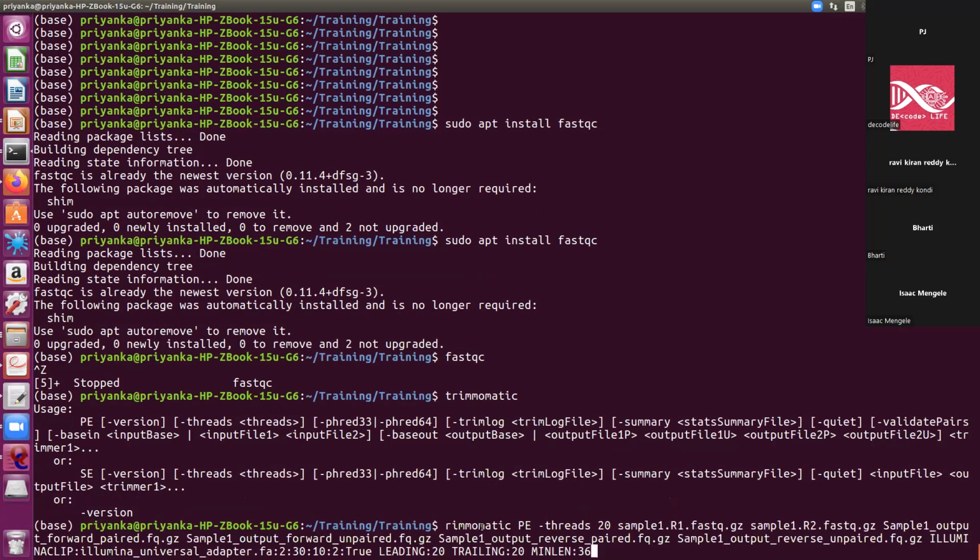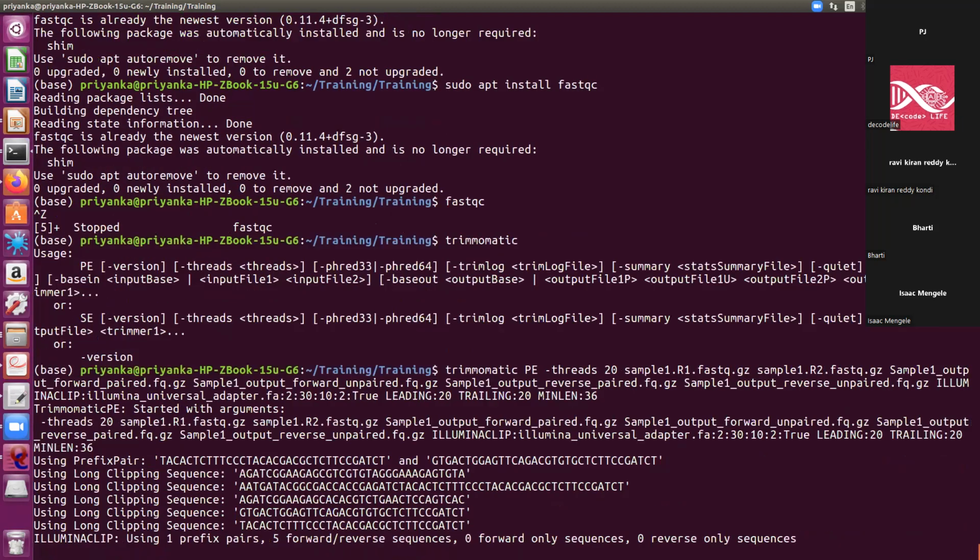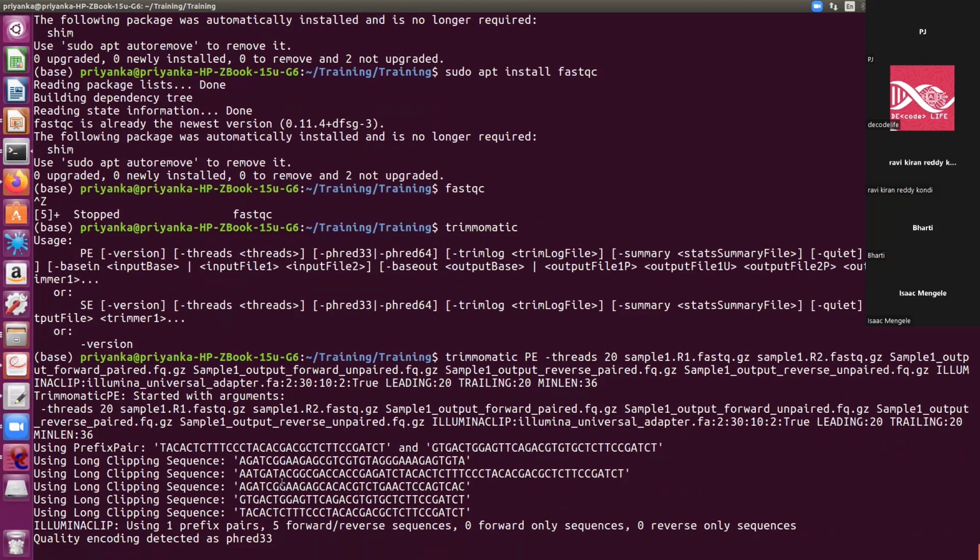Here I have copied that command, and because I have all the samples present here, it will run. See, it is clearly saying that these are the Illumina clips which were present in your data.